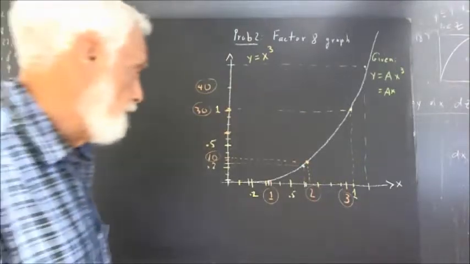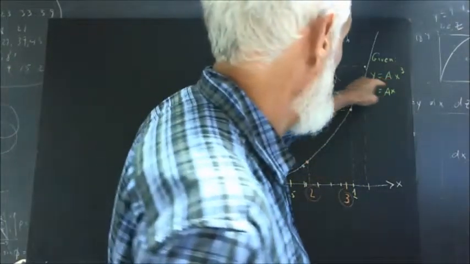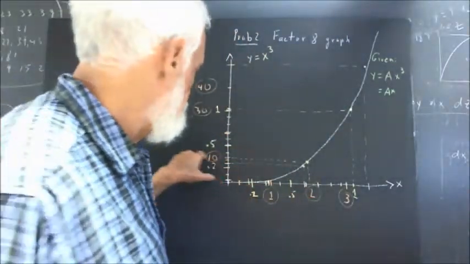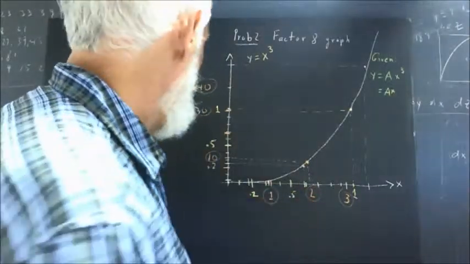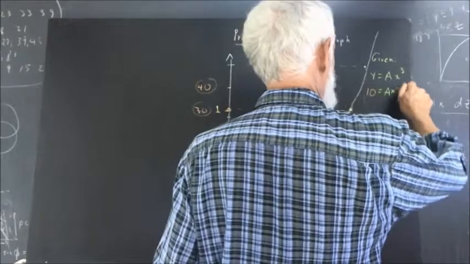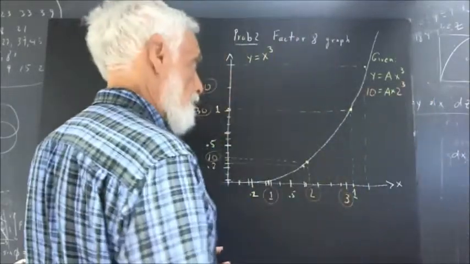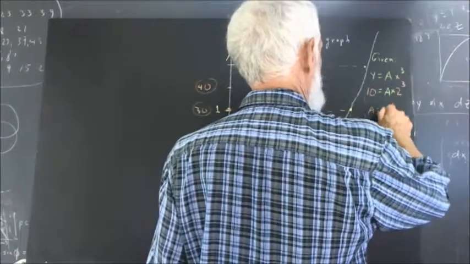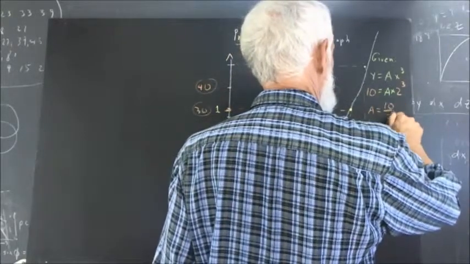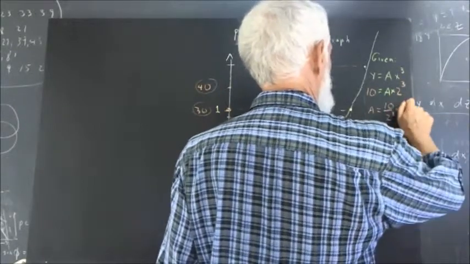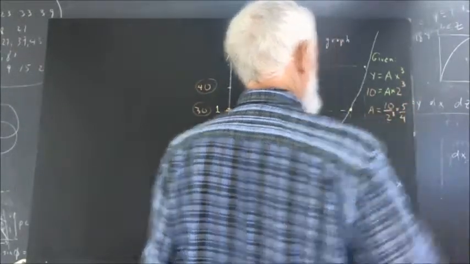Now we're asked to determine the value of a, for which y equals ax cubed is the second graph, the graph where y equals 10 when x equals 2. So we're going to put 10 in here, we're going to put 2 in here, and we're going to solve that for a. And we get a equals 10 over 2 cubed, which is 10 over 8, or 5/4.